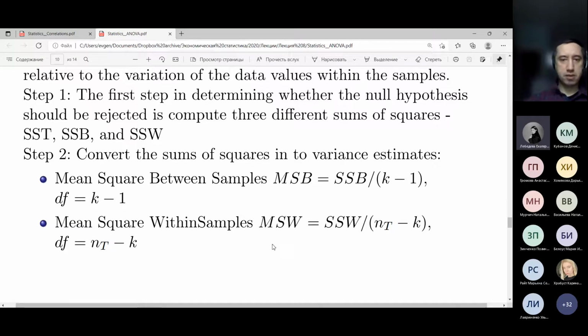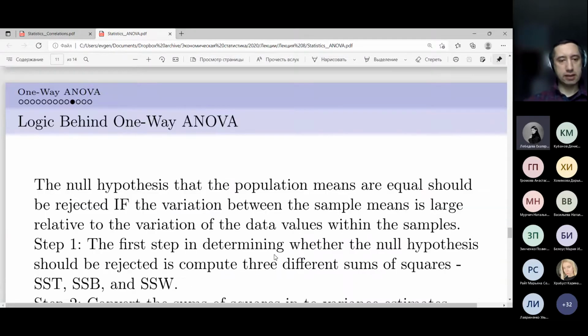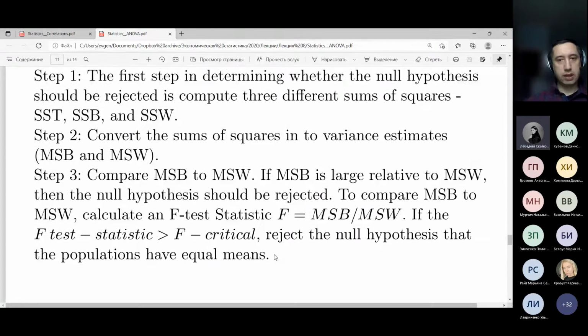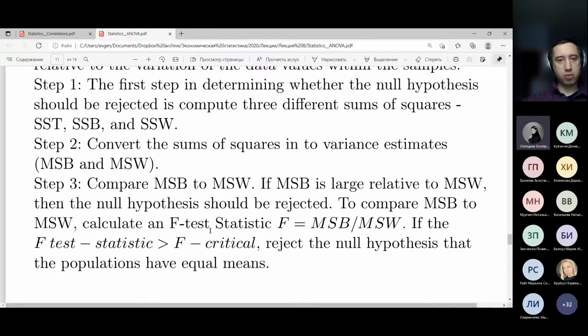When we have these two elements, we can calculate the statistic. To calculate it, we divide MSB by MSW, and our output is a value which follows the F distribution. Next, we apply F statistics tables to make a decision. We compare the estimated F statistic with its critical value.